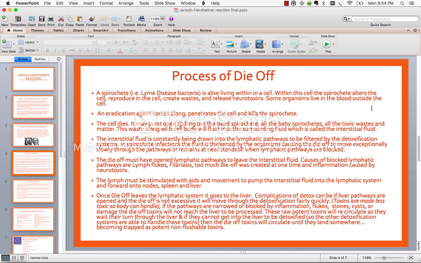And then these raw potent toxins will recirculate as they wait their turn in the liver to be dumped. So this is why we will typically use things like milk thistle or NAC to help move or clear things out of the liver quicker so that these toxins can move through.